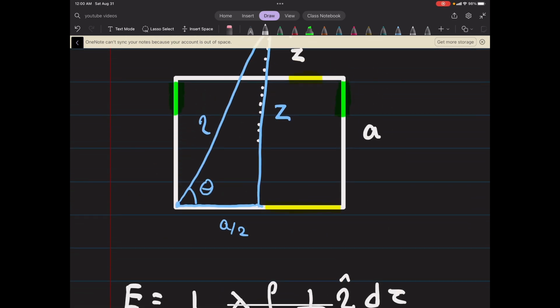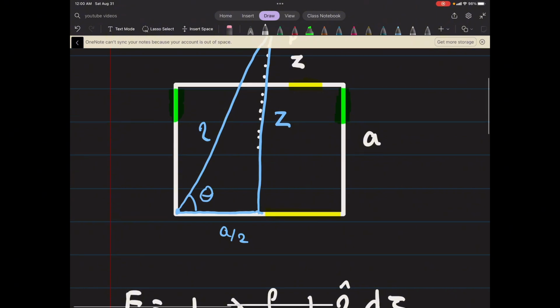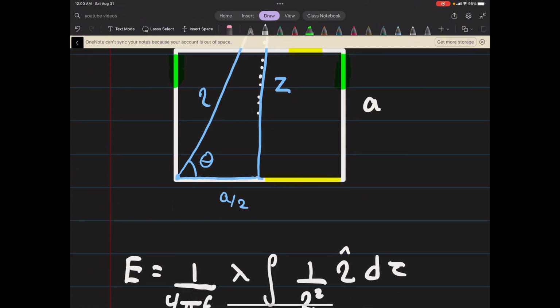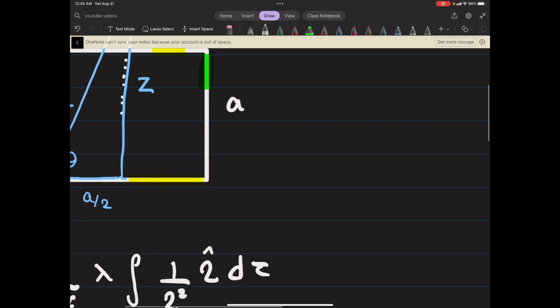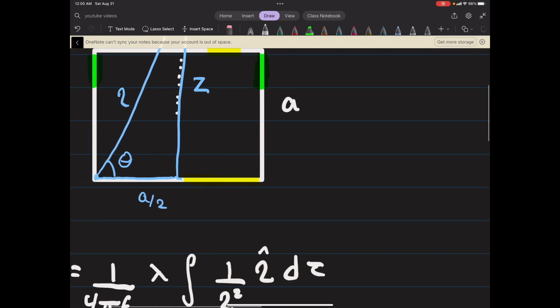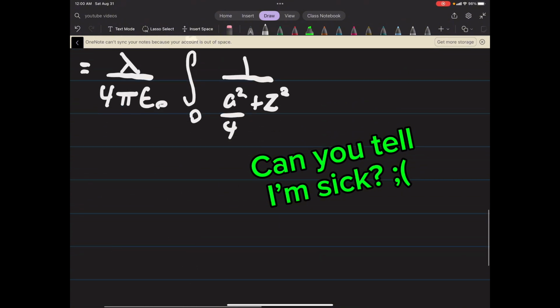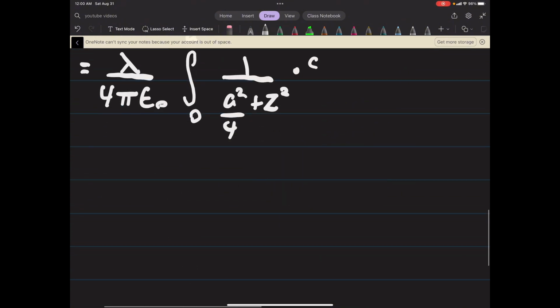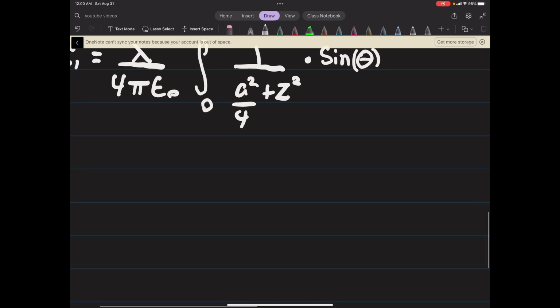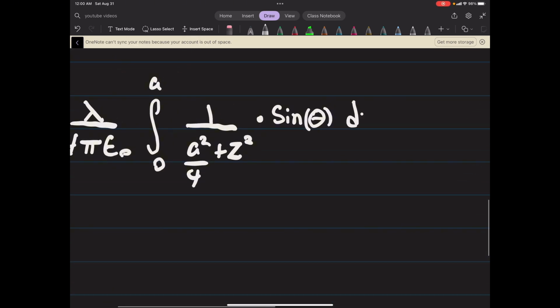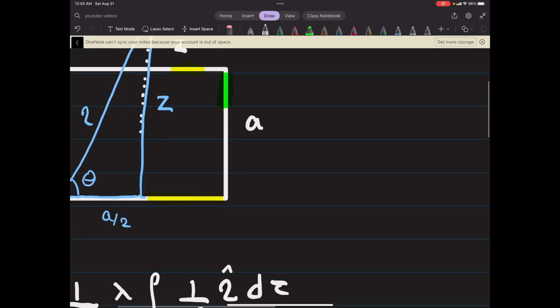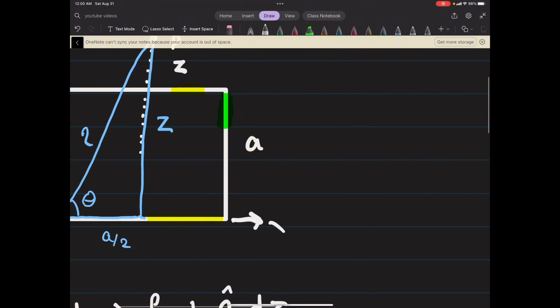Now remember, we just want the z component of this. So that'll just be your sine theta part, right? Since that's opposite of our angle. So we'll multiply this by sine of theta. And of course, we're going to integrate over dx. So we'll just let, for example, this be the x, maybe this be the y.